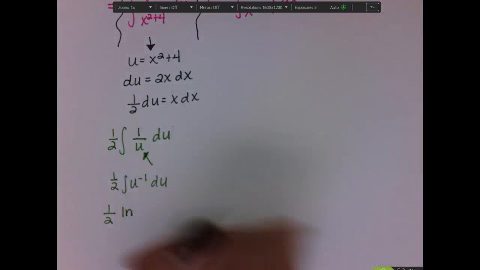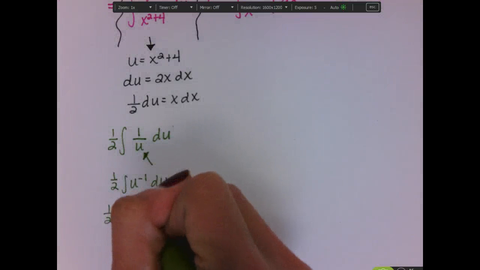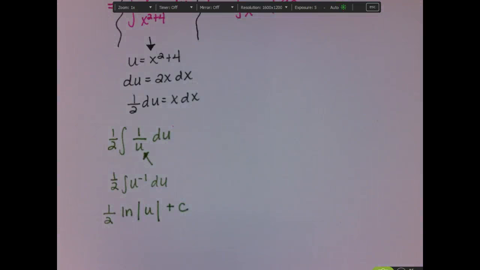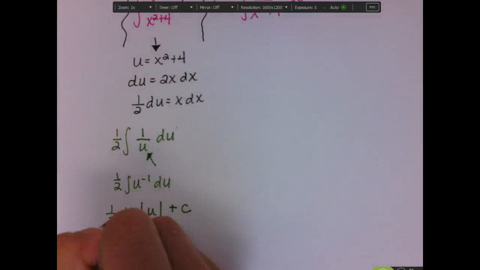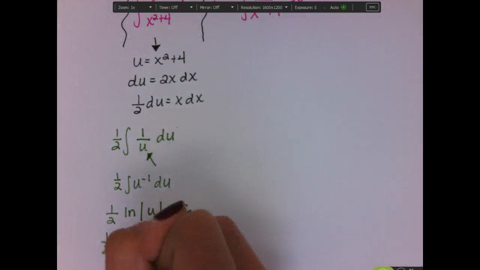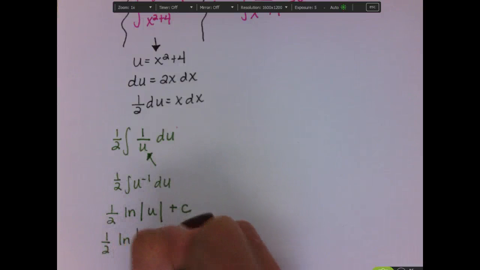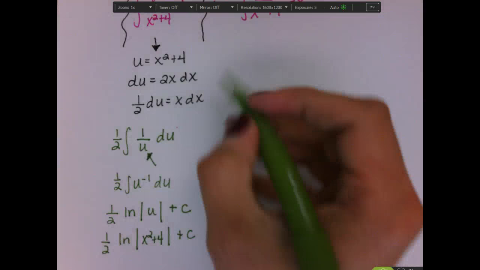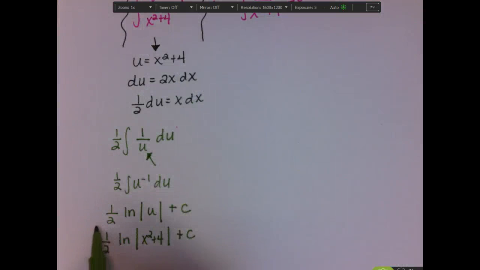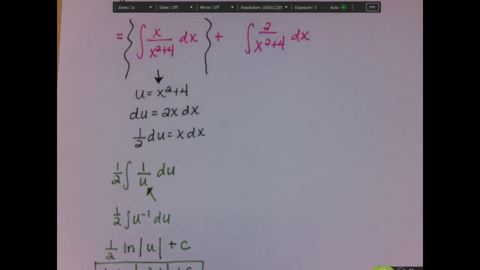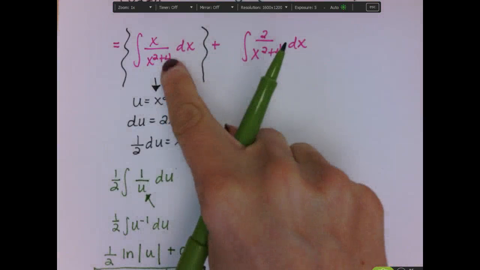So we'll have the natural log of the absolute value of u plus c, except that we have to resubstitute whatever it was that we let u equal, which was x squared plus 4.